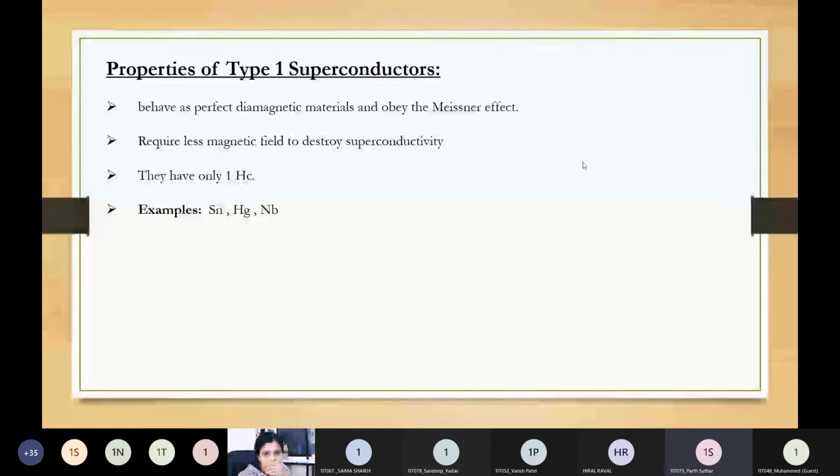But in the case of type 2, we will have 2 HC. It means that over 2 ranges it will gradually decrease and come to the normal state, not directly as in the case of type 1 superconductor. Examples of type 1 superconductors are Sn, Hg and Nb. So this is about type 1 superconductor.